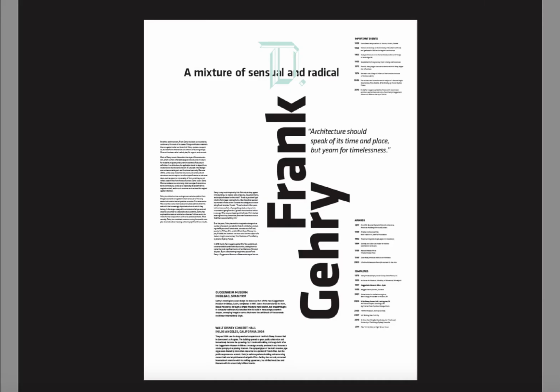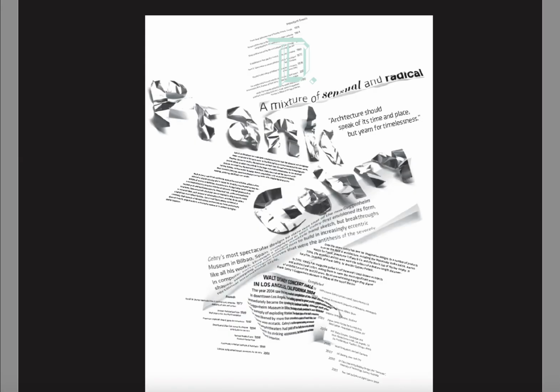So another example, most of you might be familiar with Frank Gehry and the Disney Concert Hall. As we know, Frank Gehry is by trait a fine artist who turned into an architect. And the type of architecture you see with Frank Gehry has a lot of collision of different forms. And this is what the typography here was supposed to be functioning as, where you see a collision of different types of forms colliding with one another.